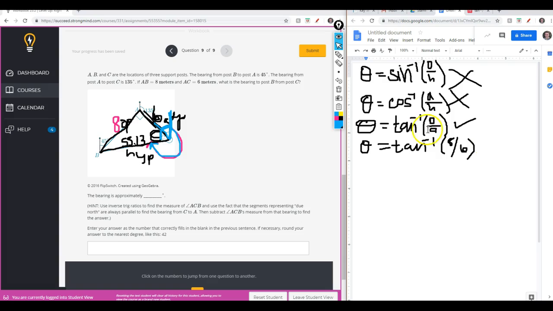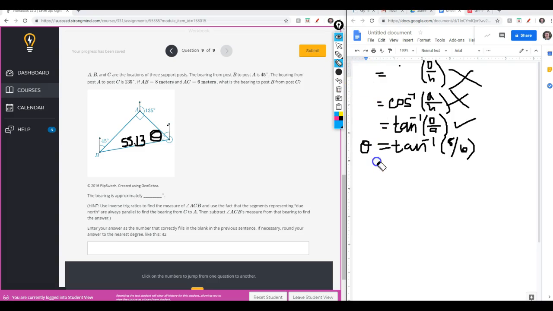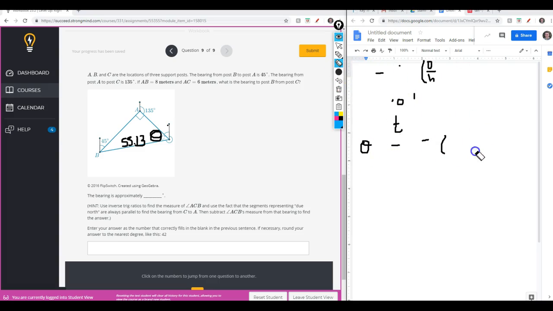So now, I am going to erase so I can focus on this angle. I'm going to erase these. I hope you wrote those down so you can reference them in the future on a checkpoint.